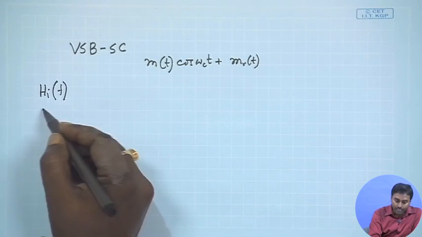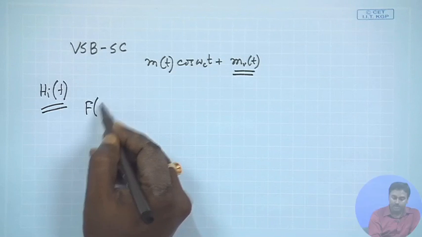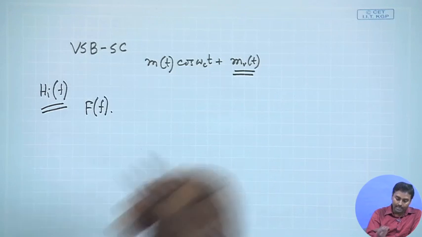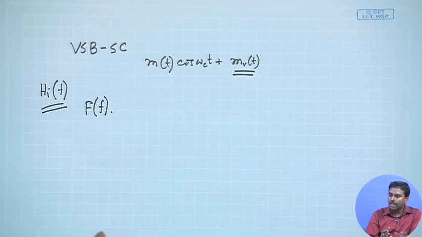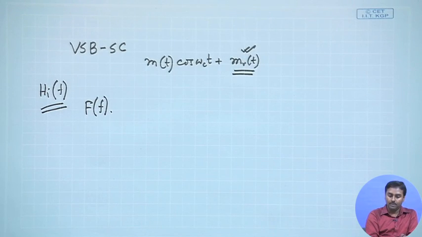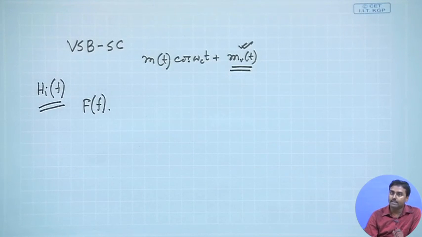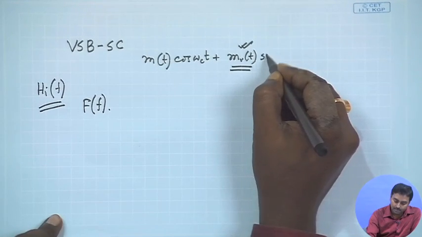Okay. So, we are talking about this filter. If we pass the message signal through that filter, whatever we get, we term as m_v(t). Okay. So, we have already done these things. So, the modulated signal can be represented as follows.